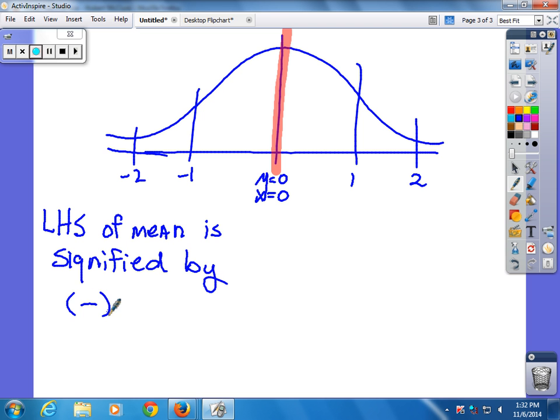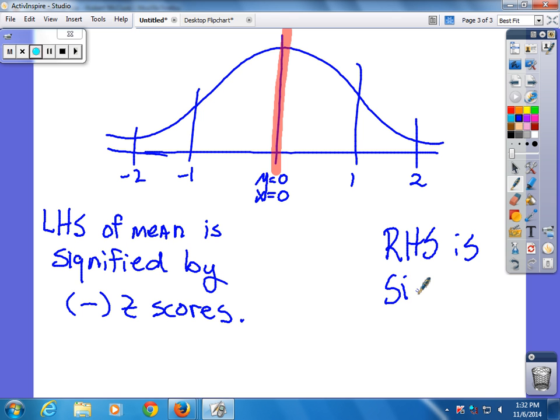Negative z-scores. Now a lot of you are saying, golly, that's easy. Everybody knows that. Okay, and the right-hand side is signified by positive z-scores.